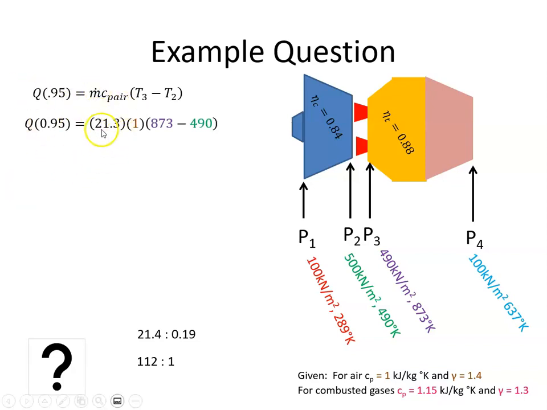So the mass of the air was 21.3. CP air is 1 kilojoules per kilogram. And the change in temperature is 873 degrees Kelvin to 490 degrees Kelvin. So 490 in, 873 out. So Q then works out to be 8587 kilojoules.